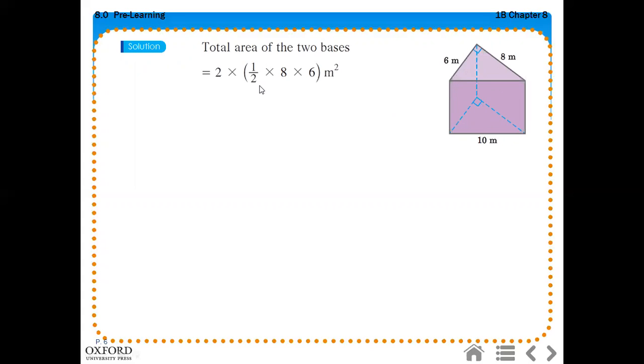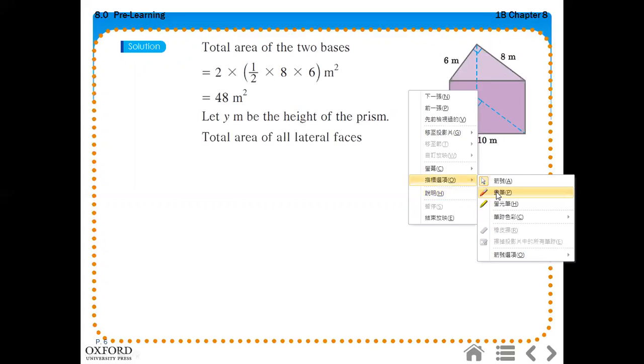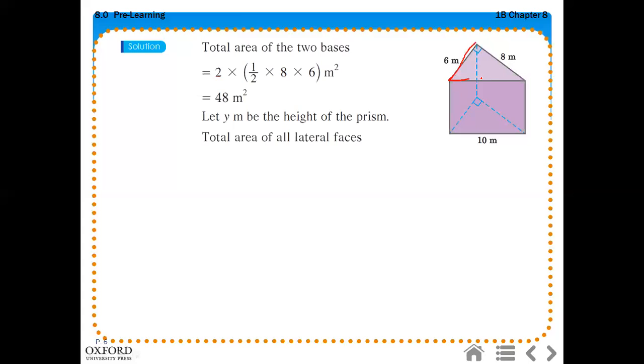Base times height over 2. There are 2 bases, up, down. And lateral faces, there are 3 lateral faces, while each is a rectangle.